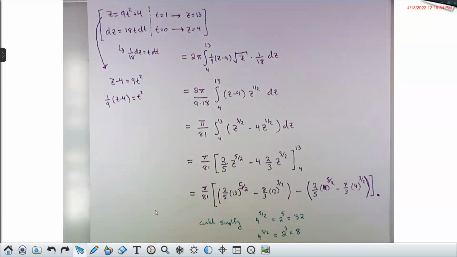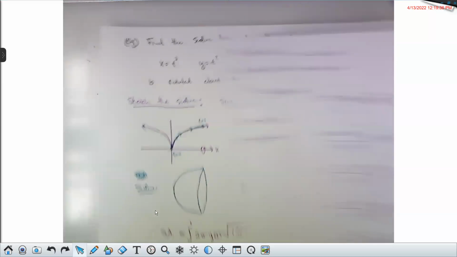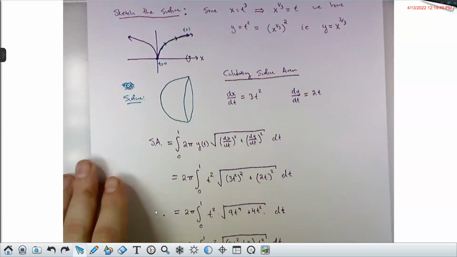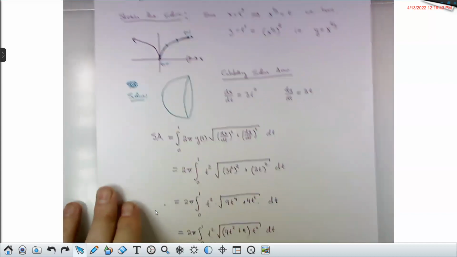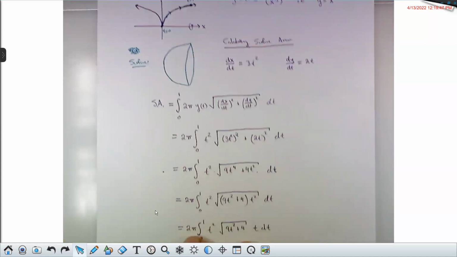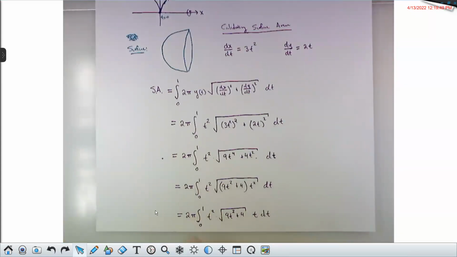This is everything after the Z sub. Here's everything before the Z sub.